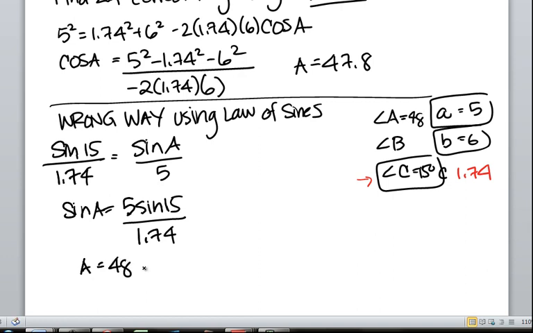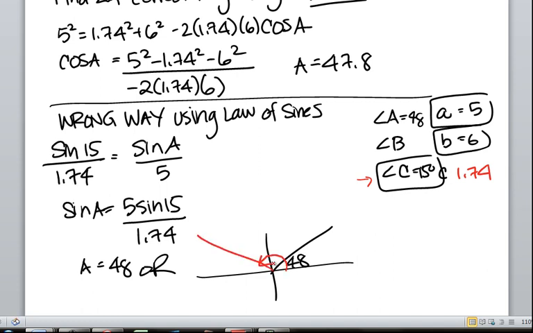Now remember, whenever you take inverse sine, you need to find the supplement. You always do this. And so when you do that, the supplement is 131 degrees. Well, let's take a look. This is 131 and I'm given 15. Well, 131 plus 15 is less than 180. That means that we would have a second triangle.